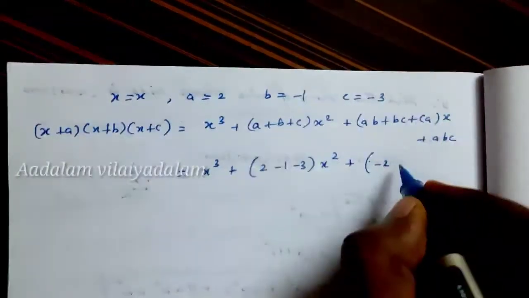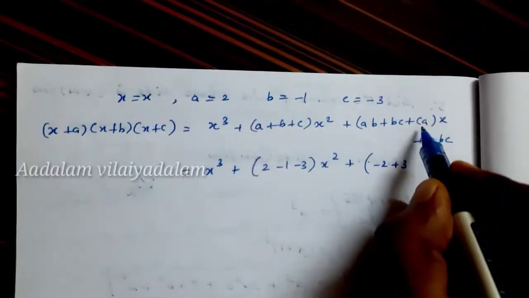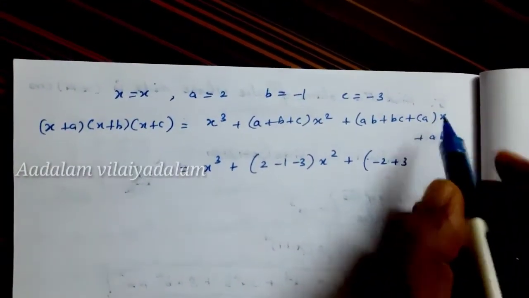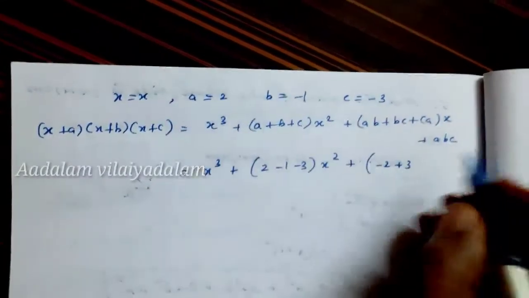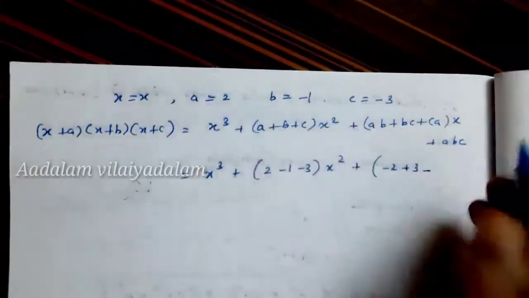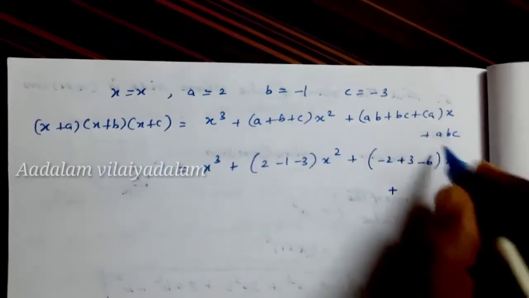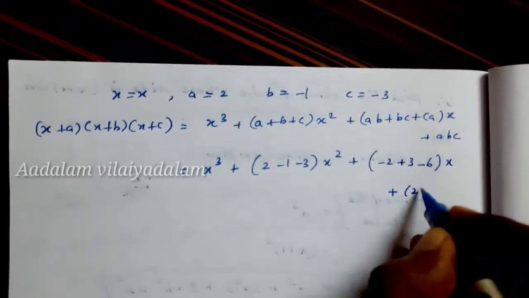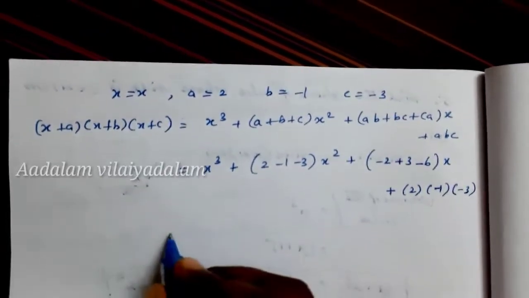Minus into minus is plus, and 3 ones are 3. Then the multiplication of ca, which means c into a. So minus into plus we get minus, 3 twos are 6, into x. So what is the abc value? 2 into minus 1 into minus 3.